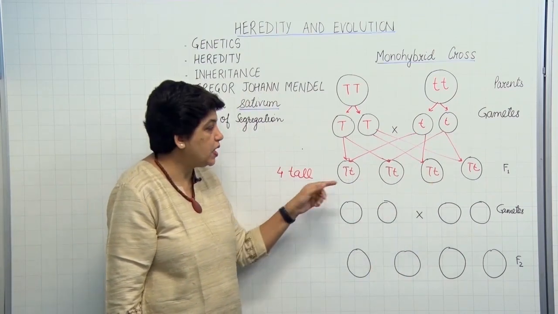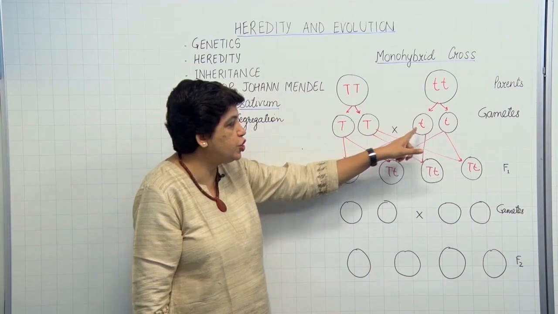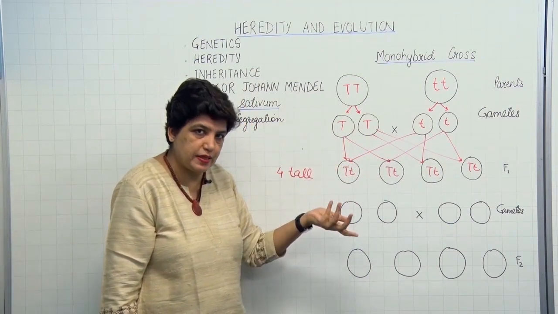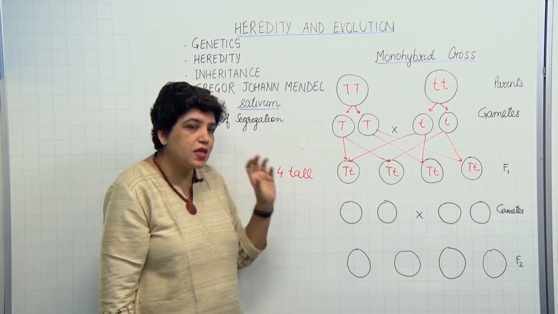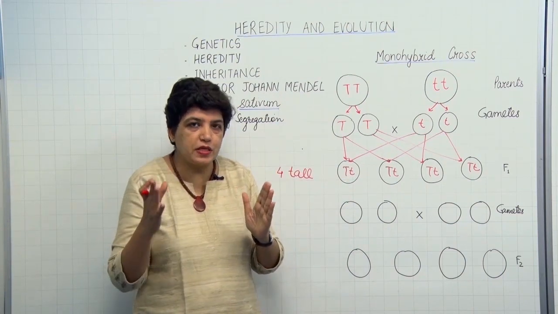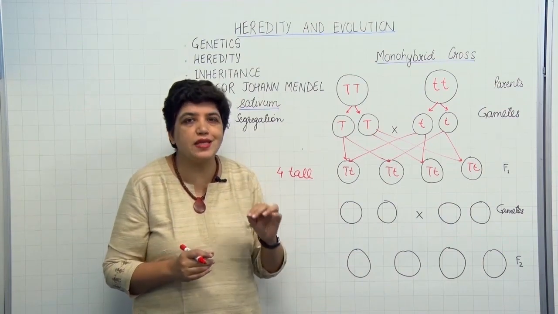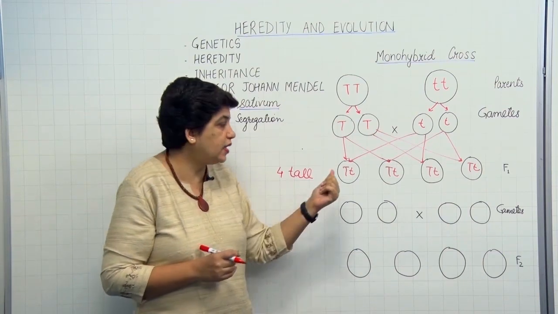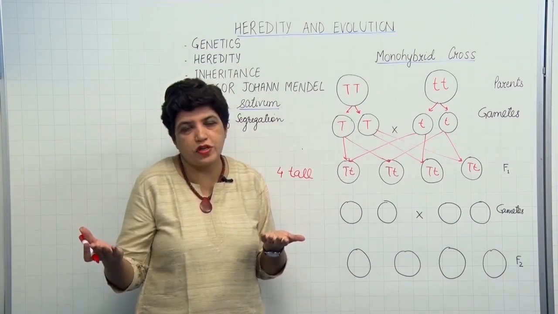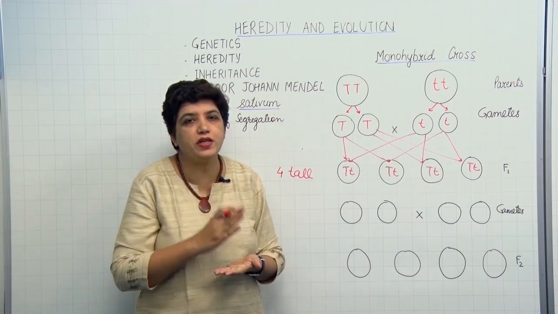So that means although they had a gene from the dwarf, this dwarfness could not express itself. Such genes which cannot express themselves in the presence of another gene are called recessive genes. And the other gene which can express itself even in the presence of the recessive is called the dominant gene.